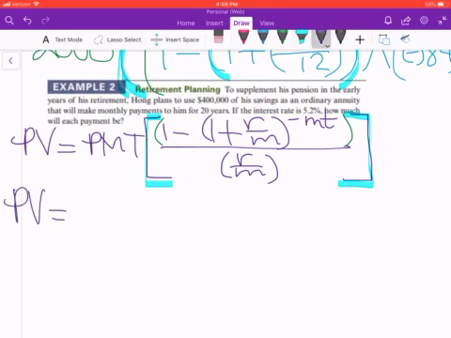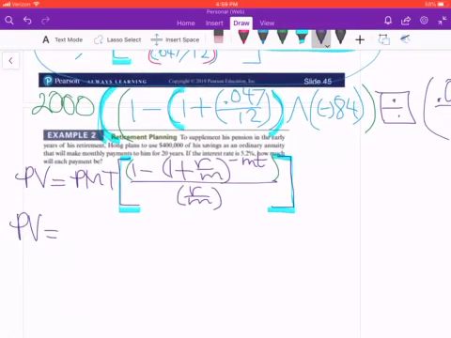So we're going to substitute whatever we have here. The question here is what will each payment have to be. We know that at the end of the 20 years, he plans to have a total of 400,000, or no, in fact, that is going to be the present value.